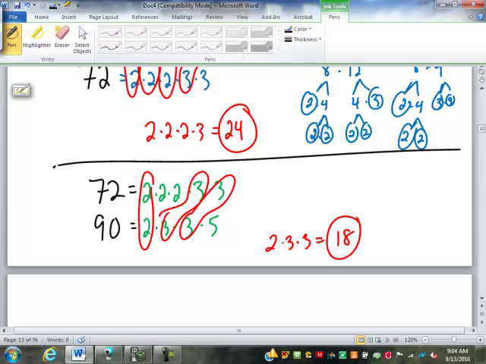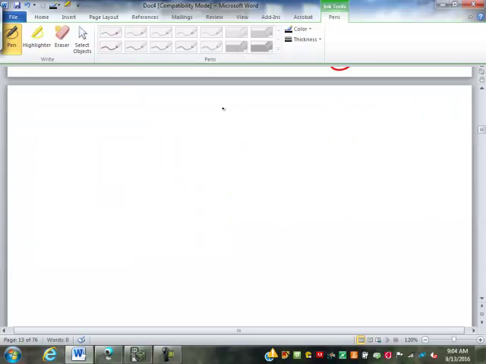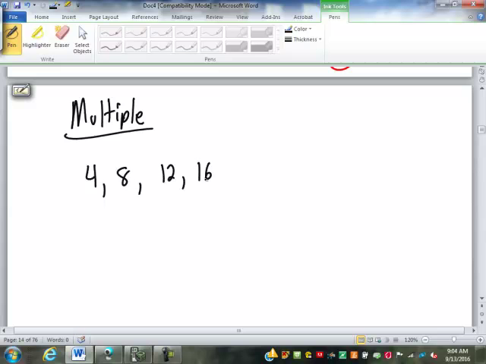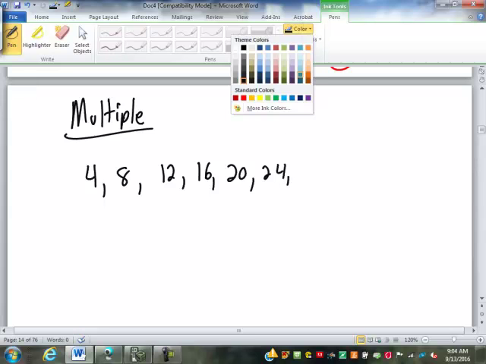Now the other side of it is something called a multiple. What a multiple is, basically, is counting by a number. Let's say multiples of 4. That would be 4, counting up another 4 would be 8, 12, 16, 20, 24, and so on. Those are all the multiples of 4.